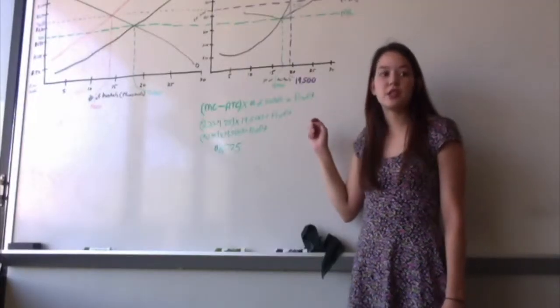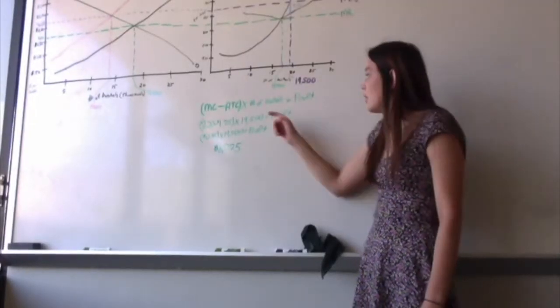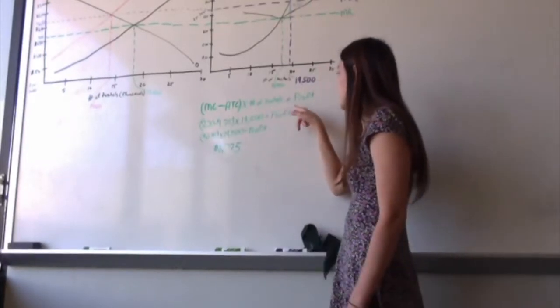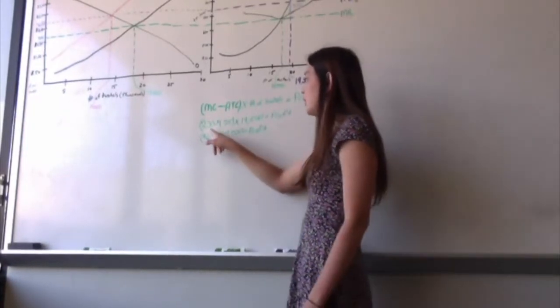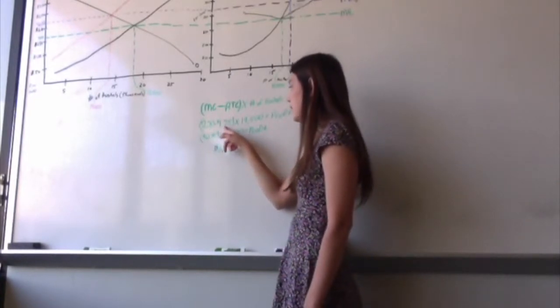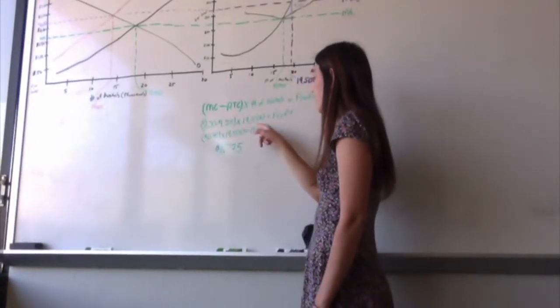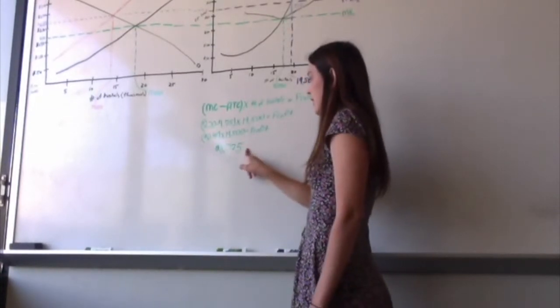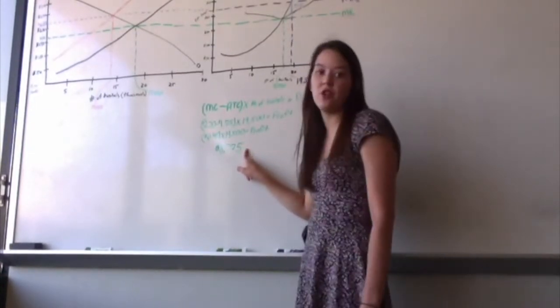We have an equation to plug our numbers into: price minus average total cost times the number of bushels equals the profit, which is $2.20 minus $1.75 times 19,500 bushels equals the profit. So the profit is $8,775.